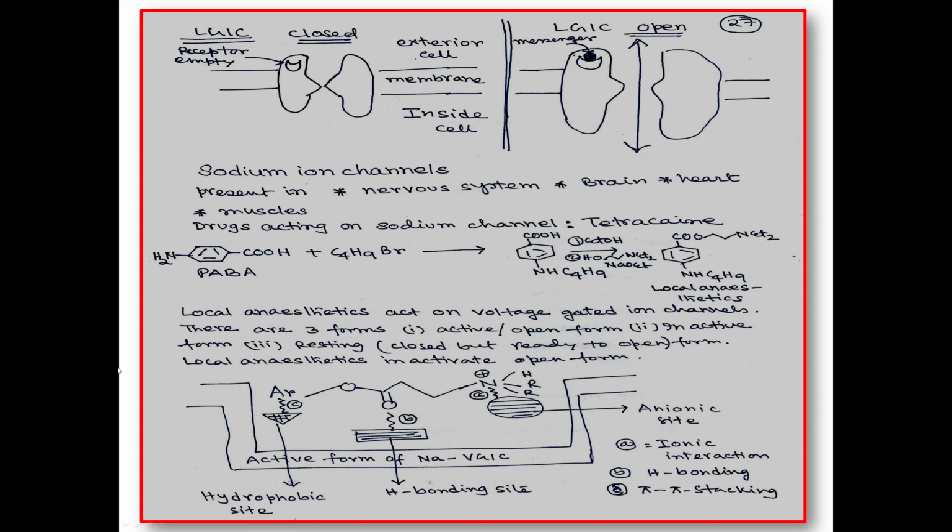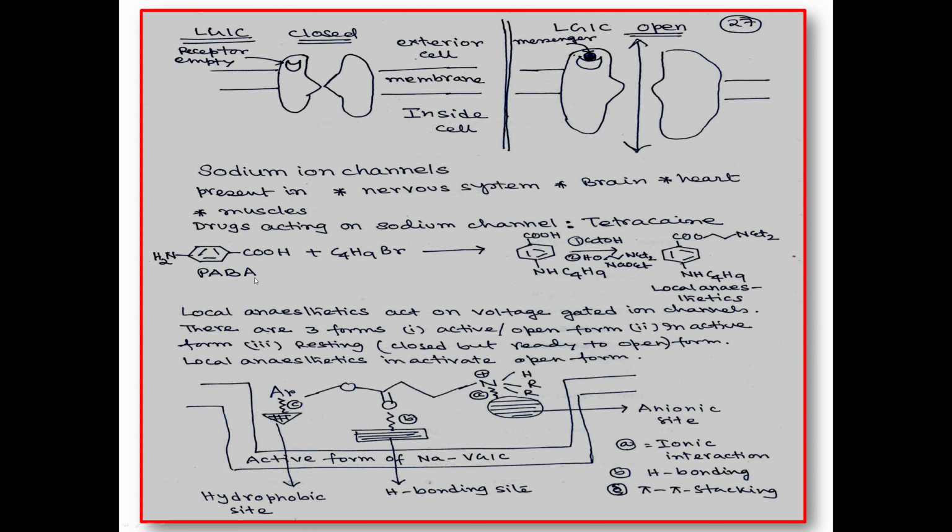So let us consider a drug molecule which targets the sodium channel to correct a disease. One example is tetracaine, from the caine series, like the lol series. It is the caine series, C-A-I-N-E. Tetracaine is in your syllabus.